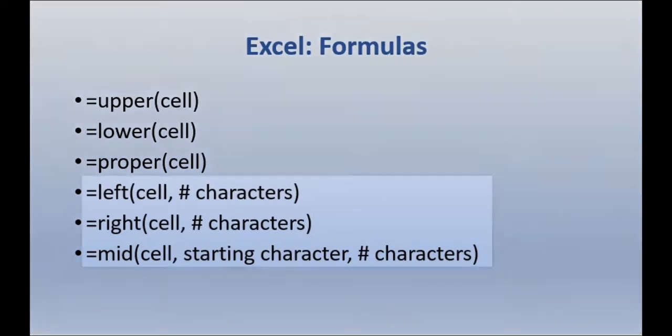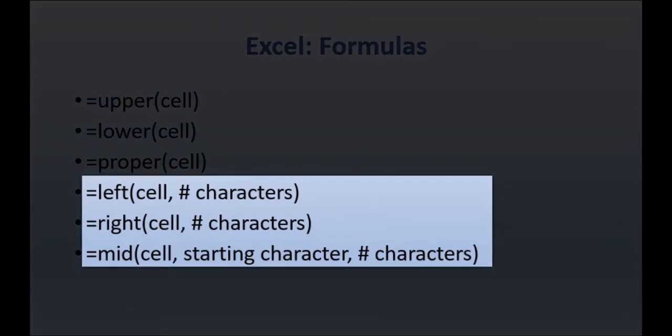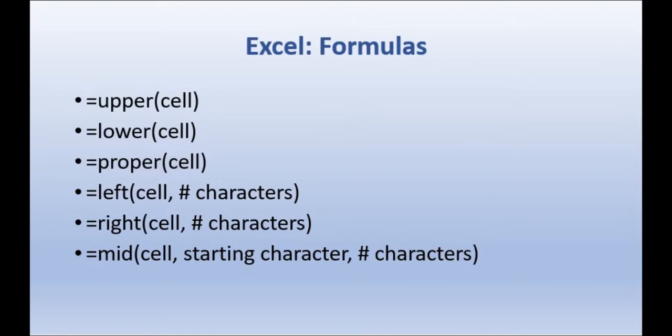We looked at cleaning data with the left, right, and mid functions. These grab certain characters in a column and place them in a new column. For instance, the left function, equal left, open parentheses, the cell, then the number of characters, would start on the left side of the cell, and then count over however many characters you specify and grab those characters and put that information into the new column.